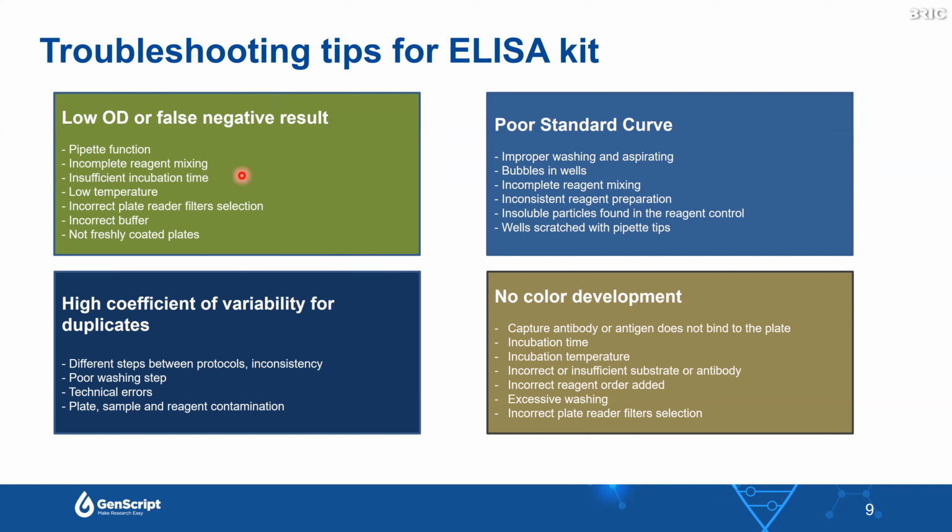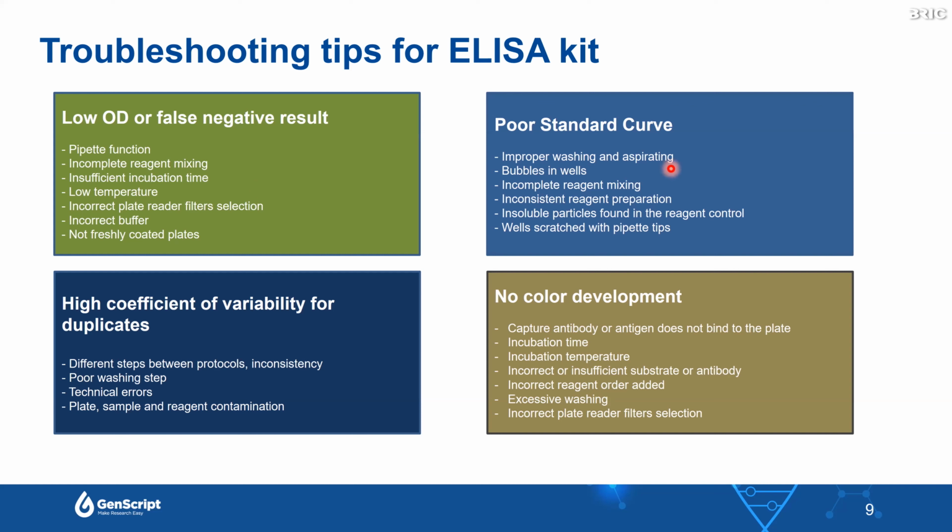Possibly the pipette is not functioning well and is inaccurate. Possibly incomplete reagent mixing or insufficient incubation time, therefore low or no signal is detected. The temperature may be too low, the plate reader filter selection inaccurate, or the wrong buffer added in the process.